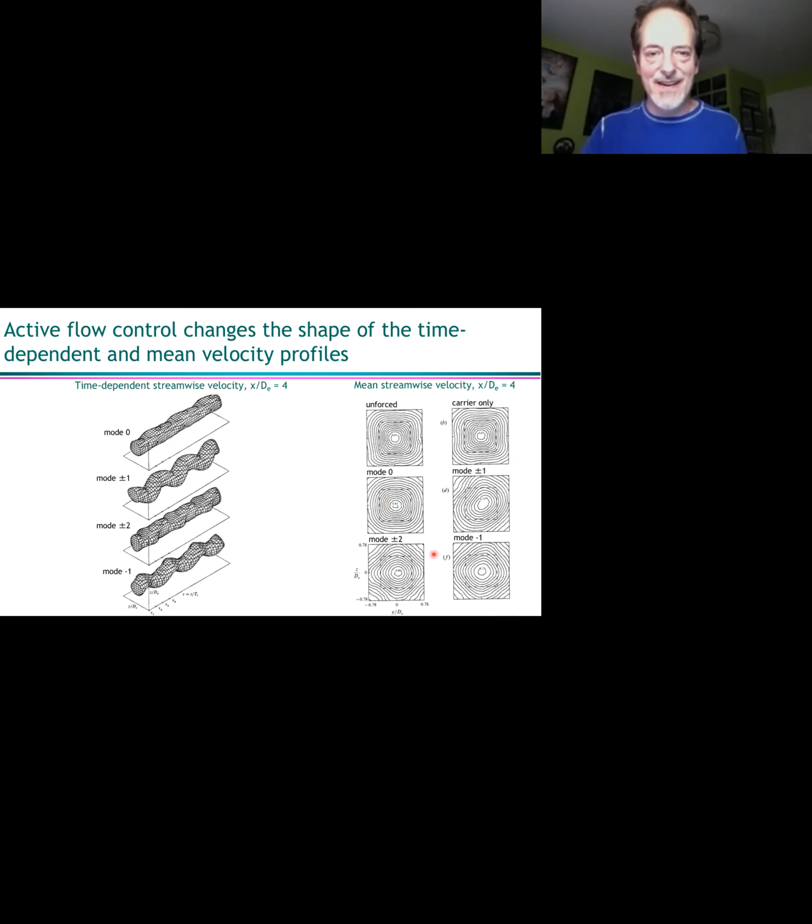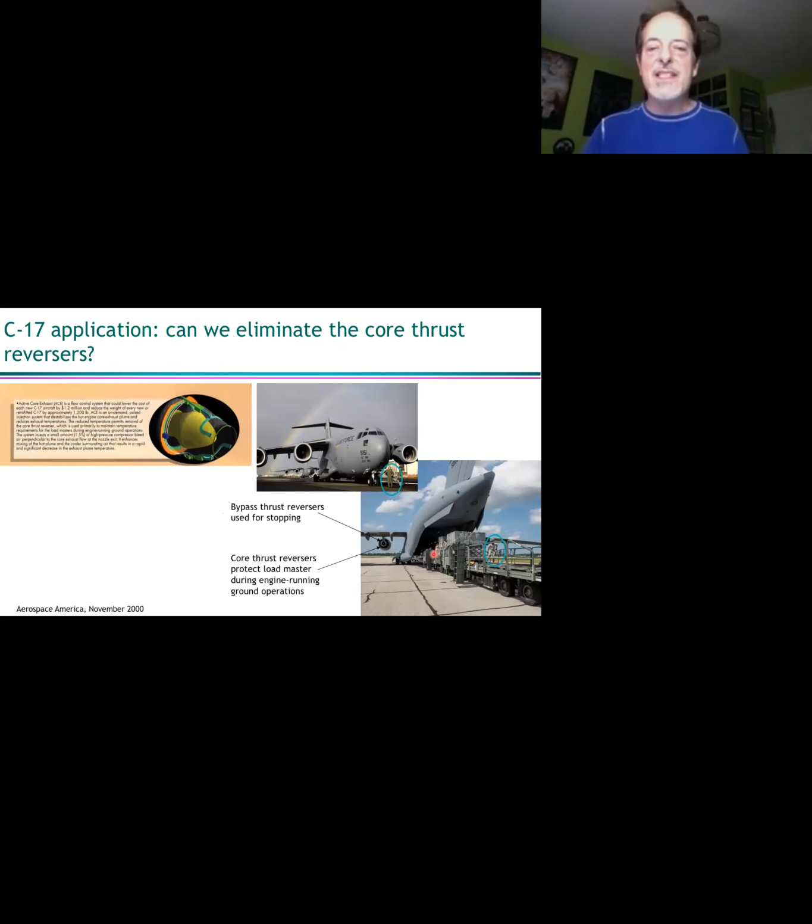All right, moving on. So that's all well and good, but what's it good for? You've done something pretty cool, but is there any application for this? Well, we came up with one working with McDonnell Douglas. So the C-17 cargo plane was just coming online at about this time.